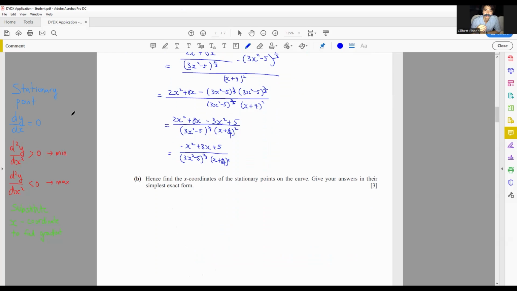So, using the same logic from previously, stationary point means dy/dx equals 0. This is your dy/dx: negative x squared plus 8x plus 5 over the whole thing over here, (3x squared minus 5) to the power of 2 over 3, (x plus 4) squared equals 0.